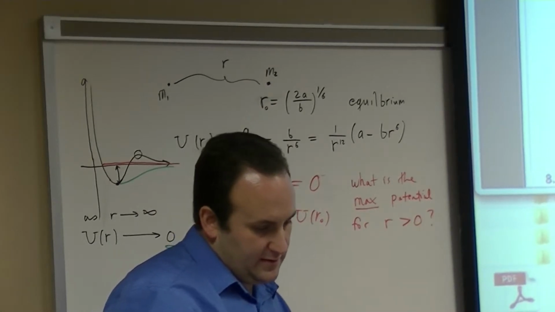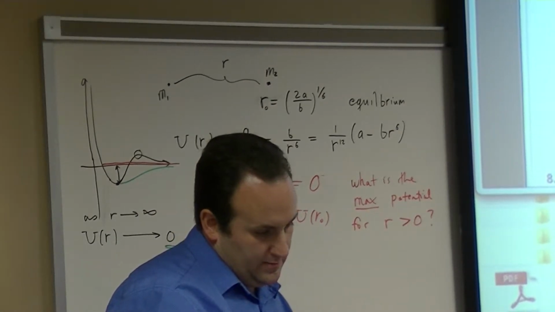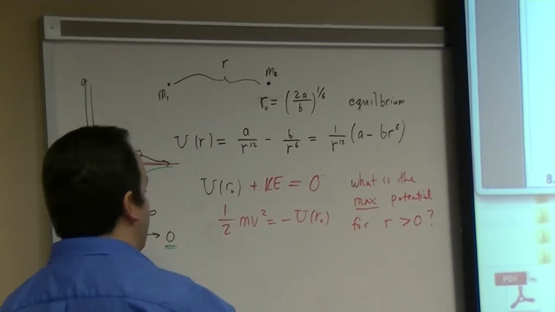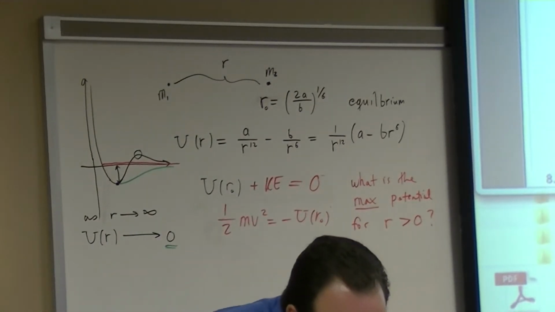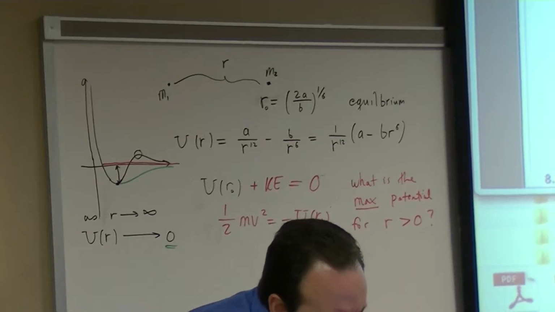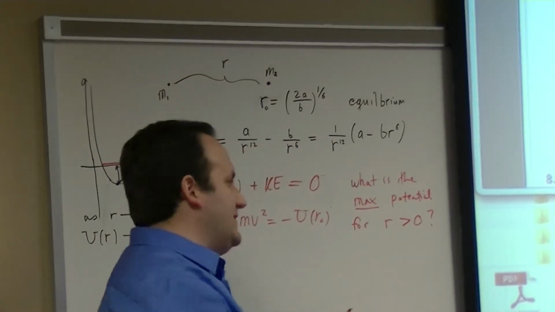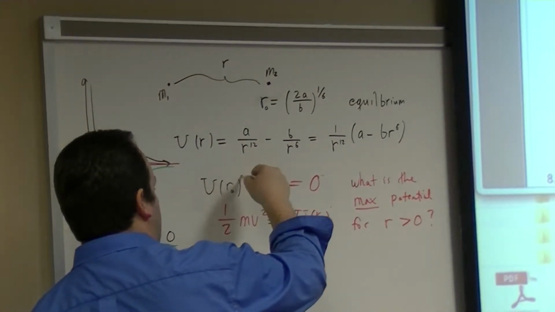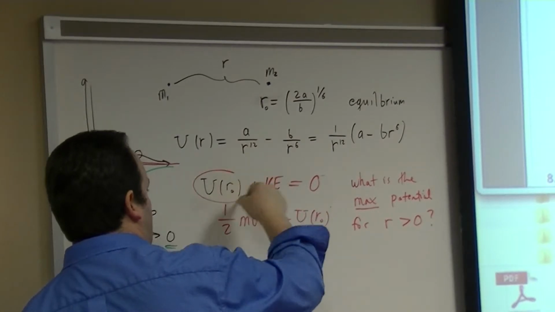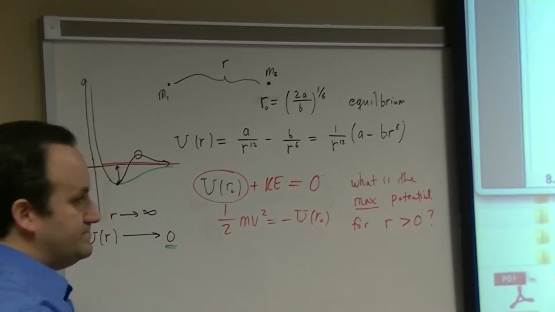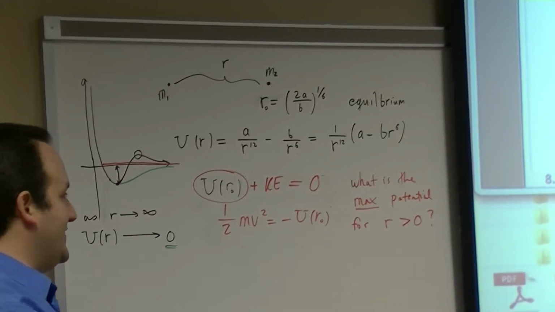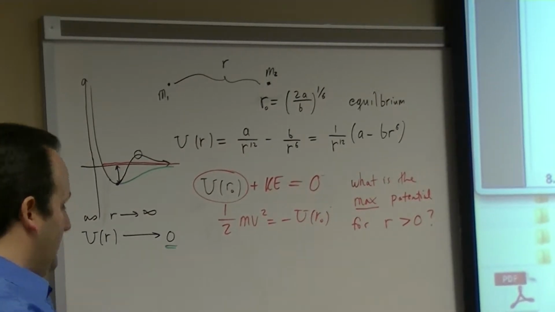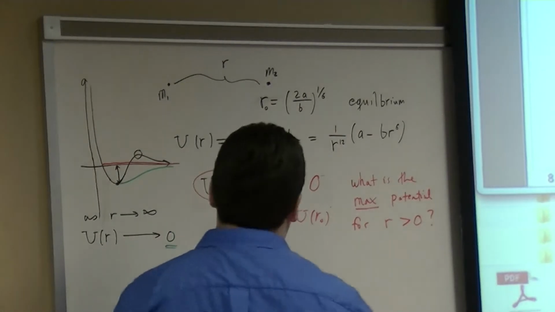What are we supposed to find? The energy? Yeah, so the energy is minus U of R naught. What minimum energy must be added? It is exactly this energy, the magnitude of this, right? Okay, so more to the point, what is U of R naught?